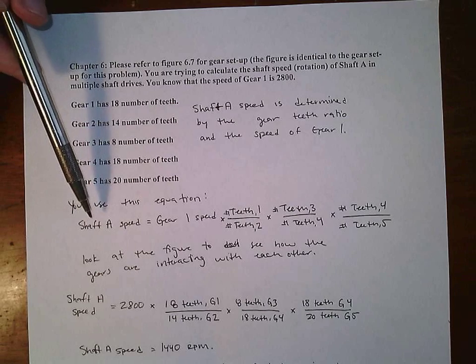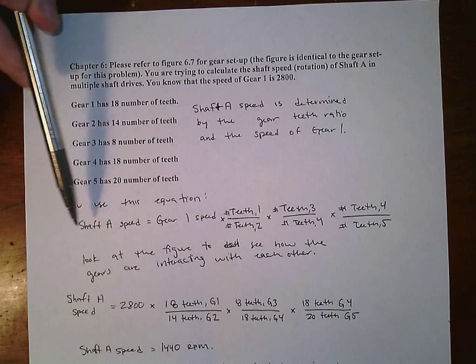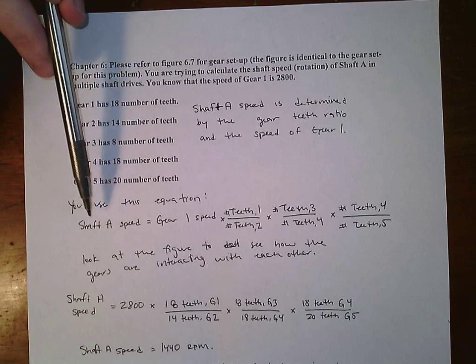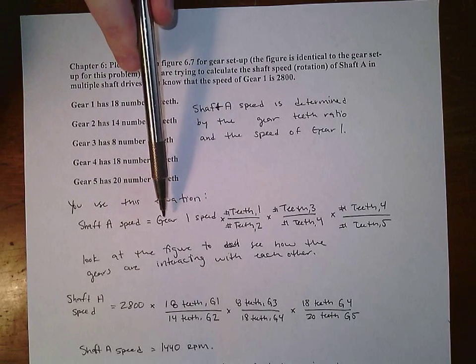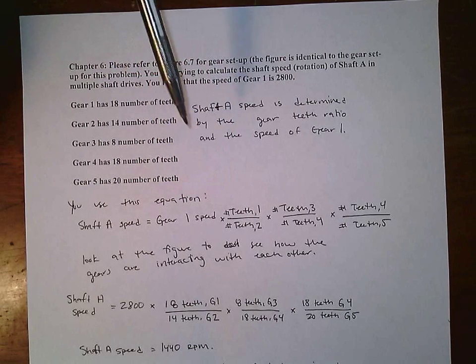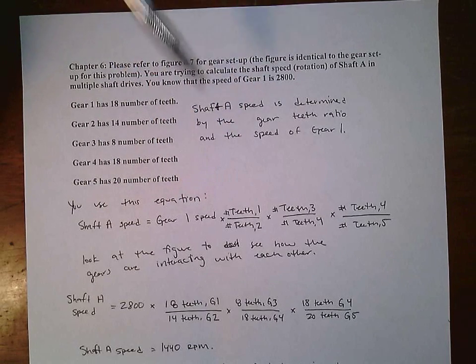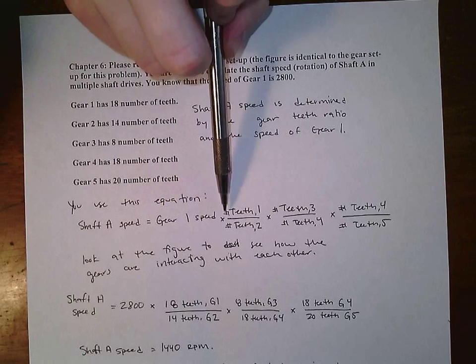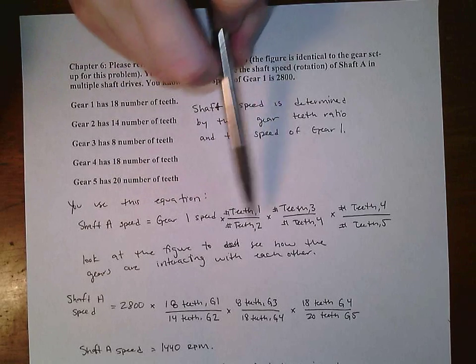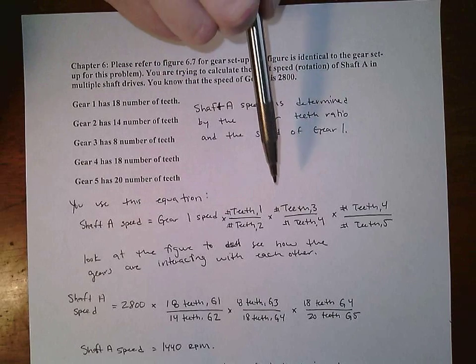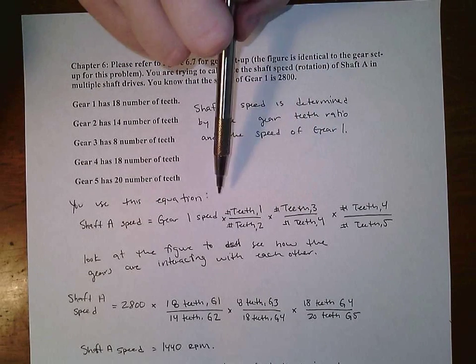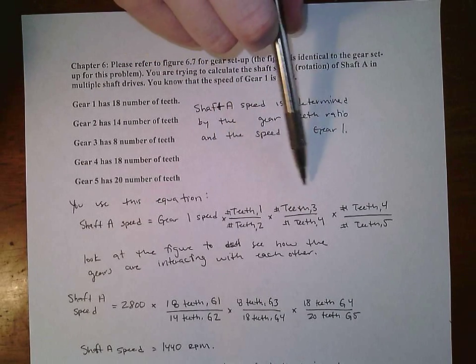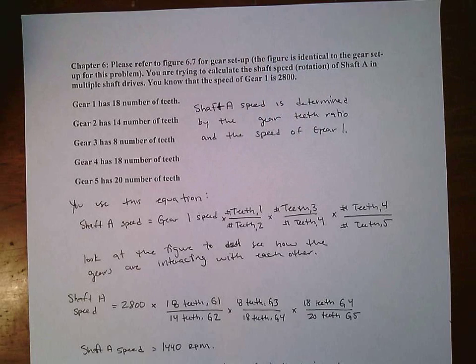So for this problem, we determine shaft A speed from the gear 1 speed. As I said previously, this is what gets everything going, multiplied by the gear ratios. Again, this equation is given as an example in the Chapter 6 problem.